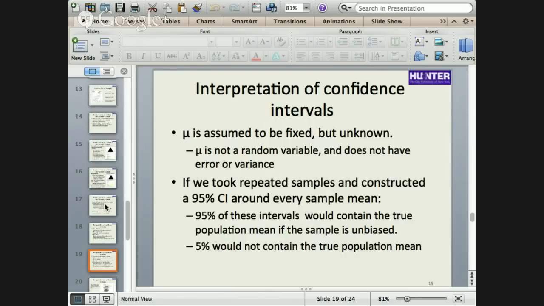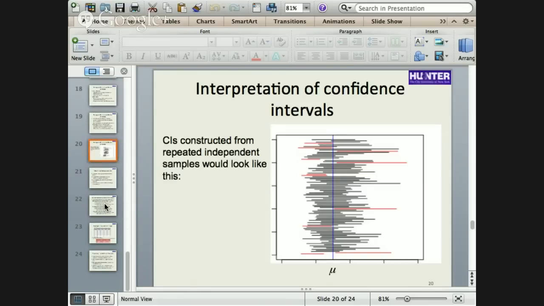And as I mentioned, if we were to take repeated samples and with every one of them construct a confidence interval, and I have a picture of this here, this is kind of what they would look like. They would vary moving from left to right if this is the true mean and these are the confidence intervals.